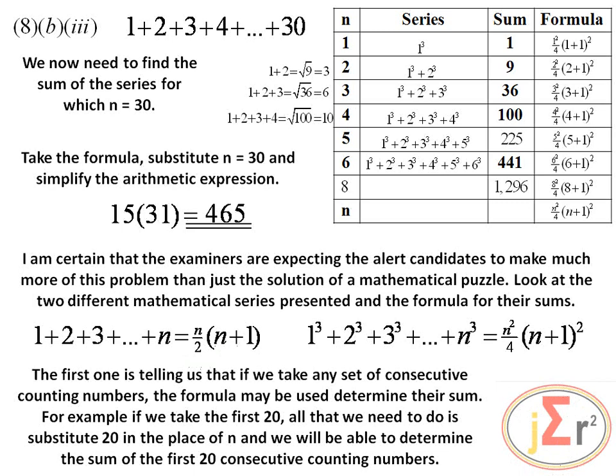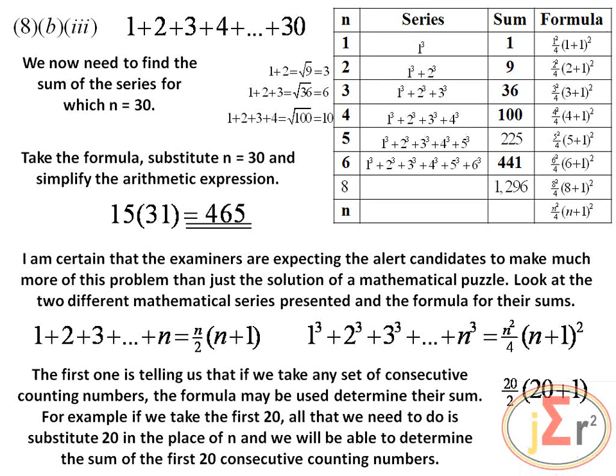For example, if we take the first 20 counting numbers, all that we need to do is substitute 20 in the place of n, and we will be able to determine the sum of the first 20 consecutive counting numbers.